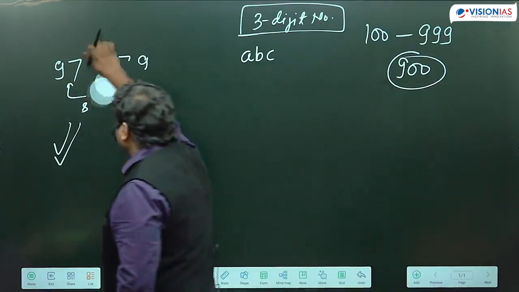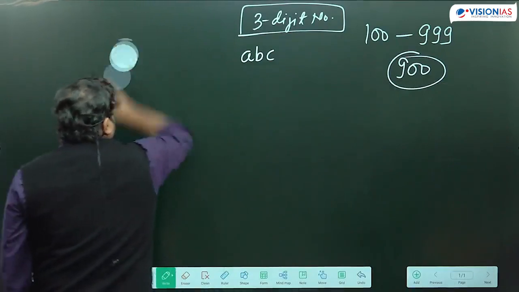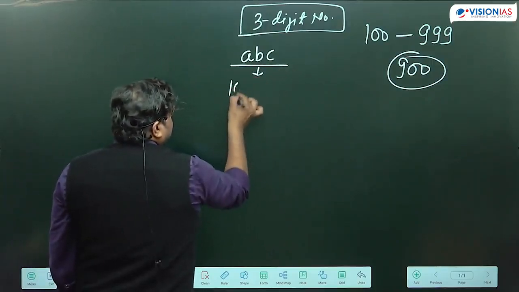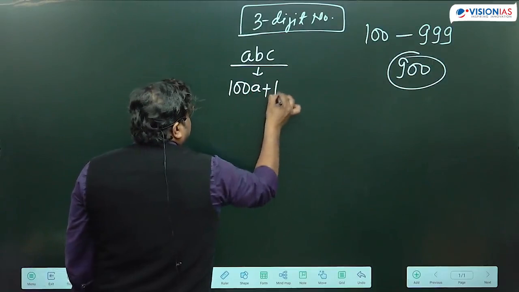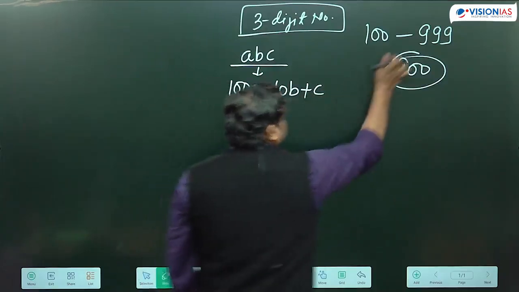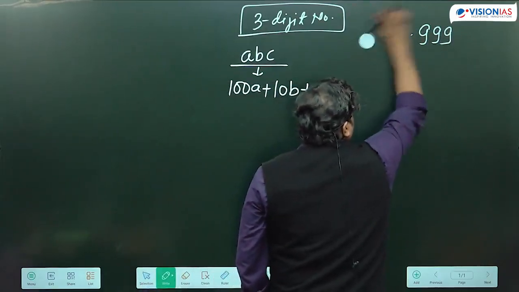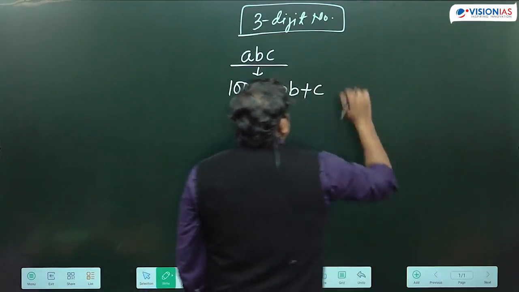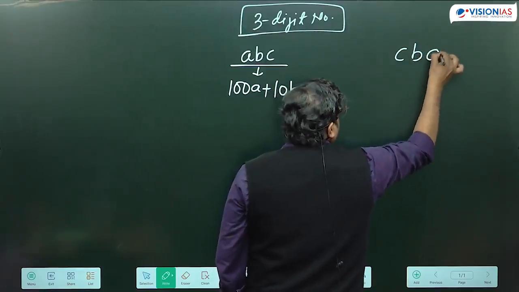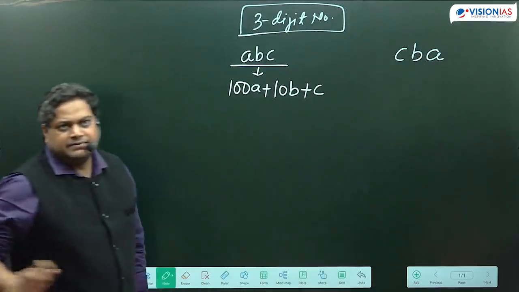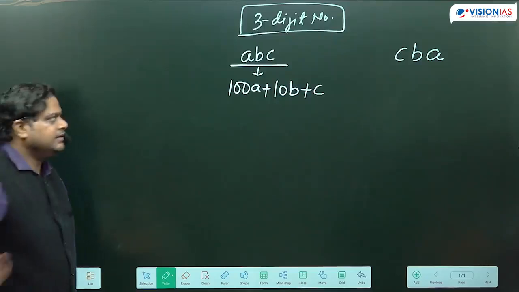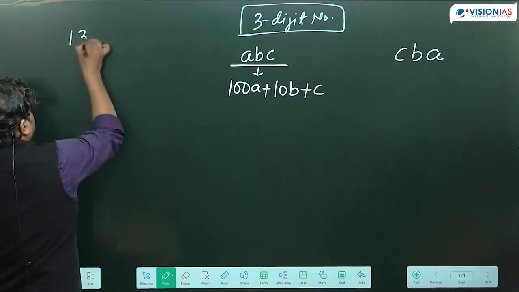So 3-digit number, what can be the place value? 100A plus 10B plus C. If we reverse the digits, first and last, we can write it as CBA, like 139.